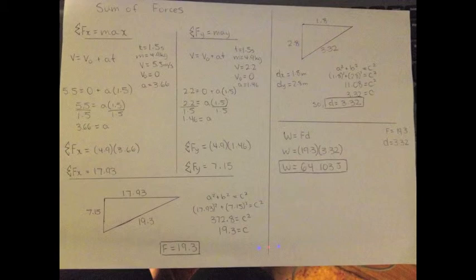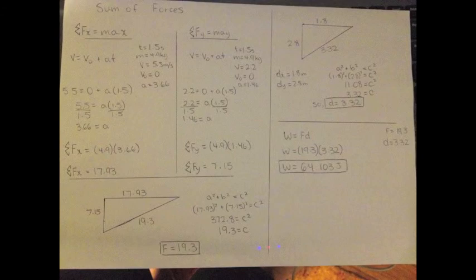We go 1.8 meters squared plus 2.8 meters squared equals c squared. Solve, and we're left with 11.08. Then we square root each side, and we're left with 3.32 is equal to c, and that is the distance.